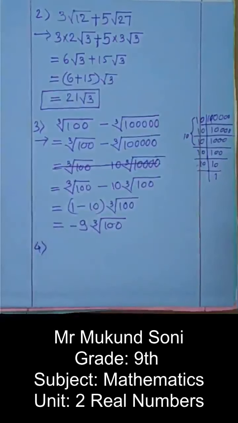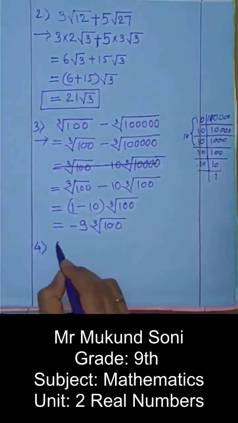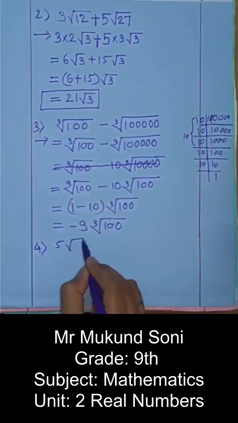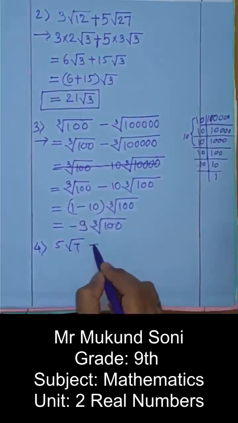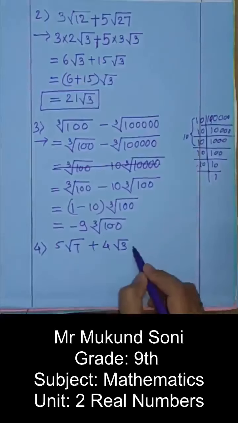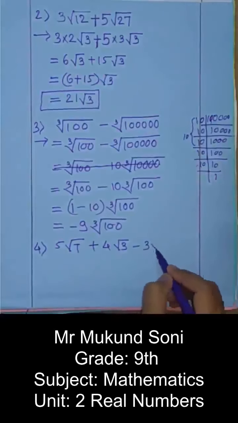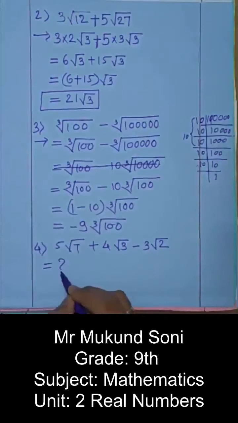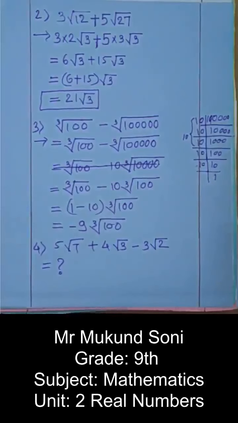Last example. 5 root 7 plus 4 root 3 minus 3 root 2. Can you find the answer?